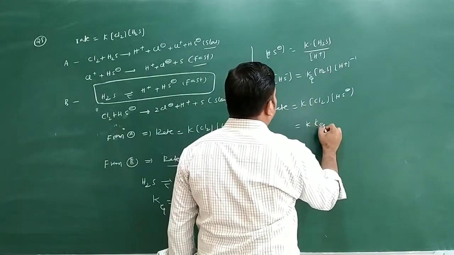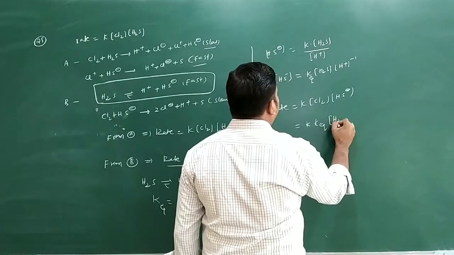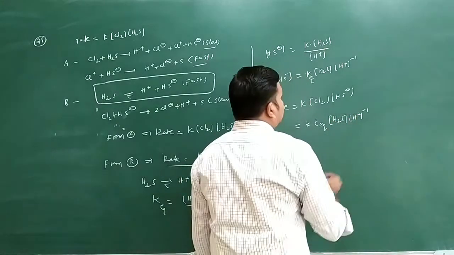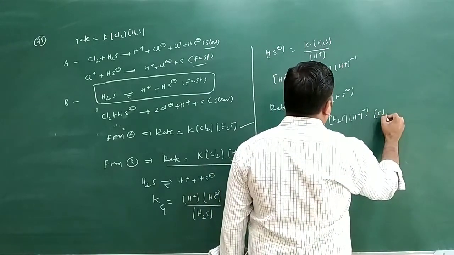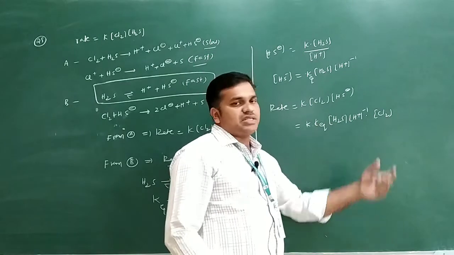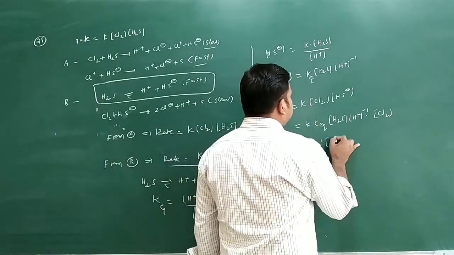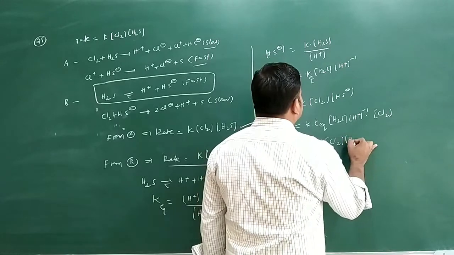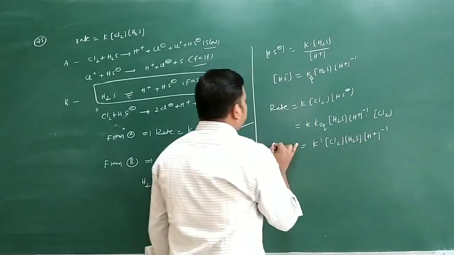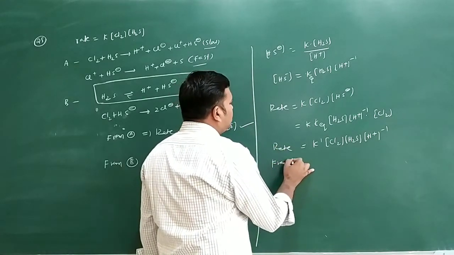So this is K into K equilibrium into H2S into concentration of H+ whole power minus 1, into concentration of Cl2. So K into K equilibrium, I write K dash. This is Cl2 into concentration of H2S into concentration of H+ whole power minus 1. So this is the rate you are getting from B.